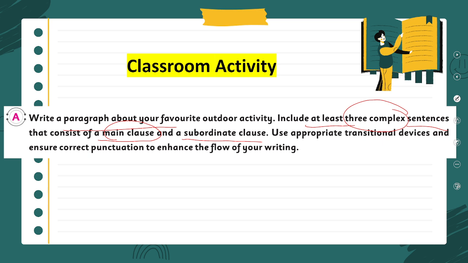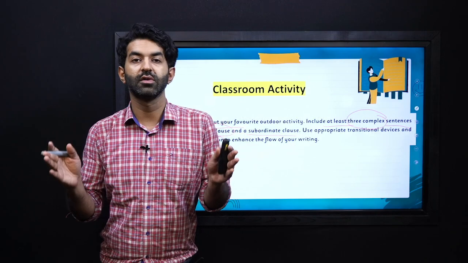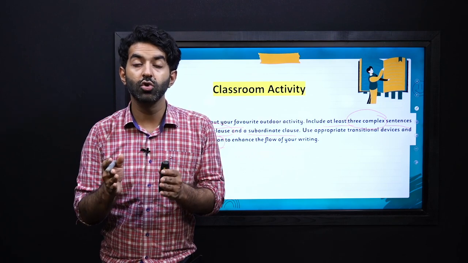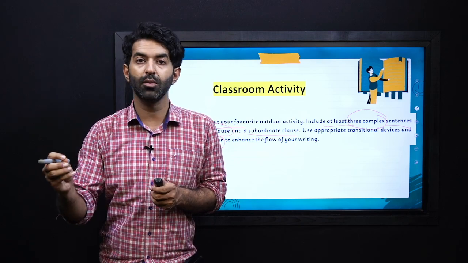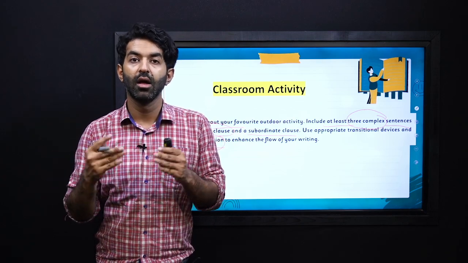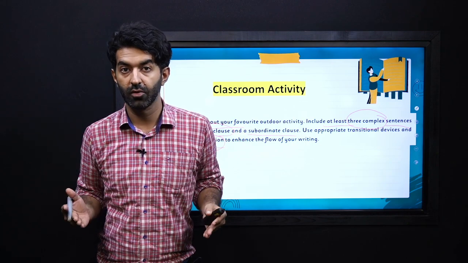We need subordinating conjunctions. We will also take care of punctuation and the flow of the sentence. So you have to use the subordinating conjunction correctly. You cannot use any subordinating conjunction for telling the same thing or any other thing.